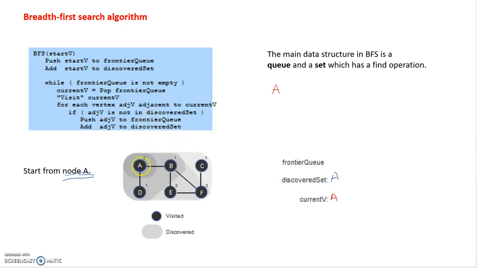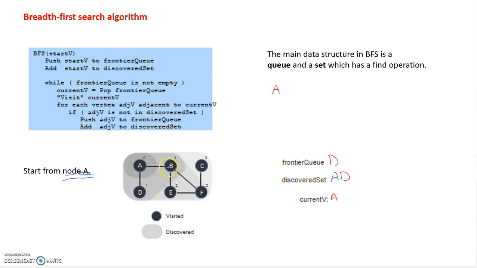So the adjacent node to A is D. D is not in the discovered set, so we'll place it in the frontier queue as well as the discovered set.